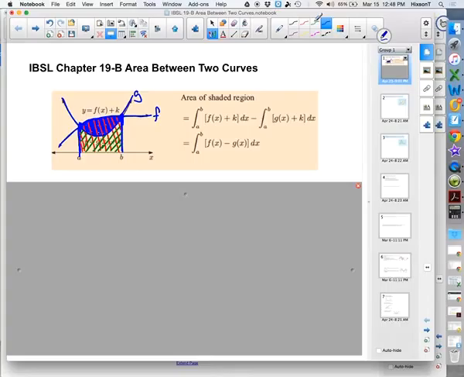In this case, we're combining these two integrals into one, the integral from a to b of f of x plus k minus the g of x plus k.